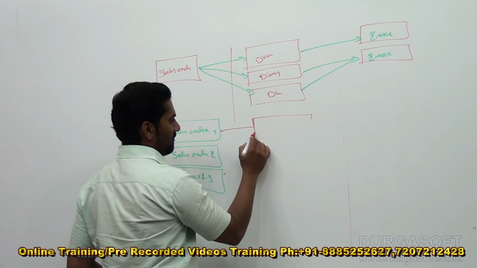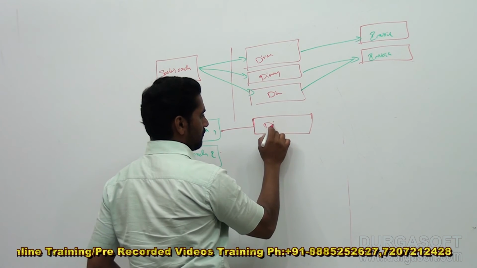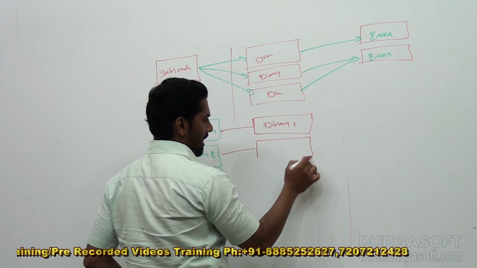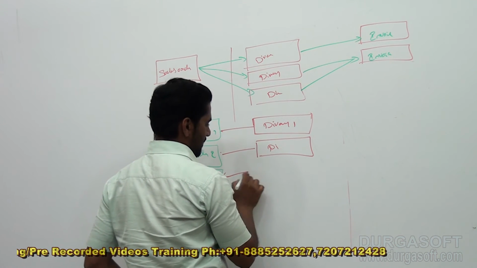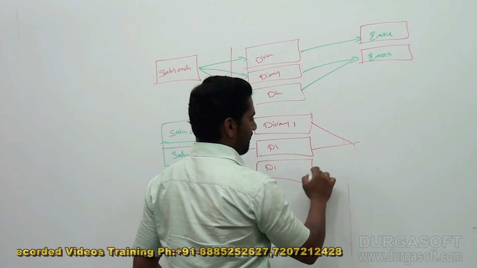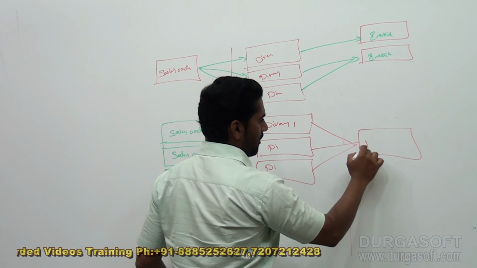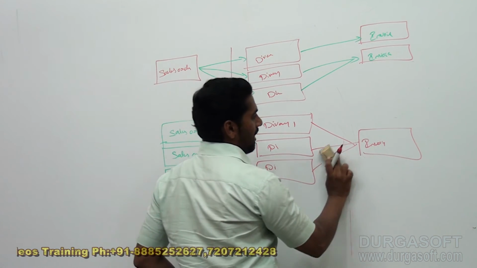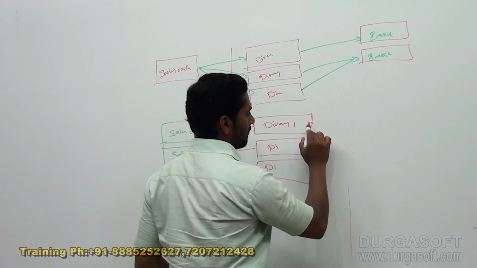Like I can deliver this one product in one delivery, I can do this delivery here, I can do this delivery here. Either I can create all at one sales invoice, that is one way, or I can create multiple invoices.